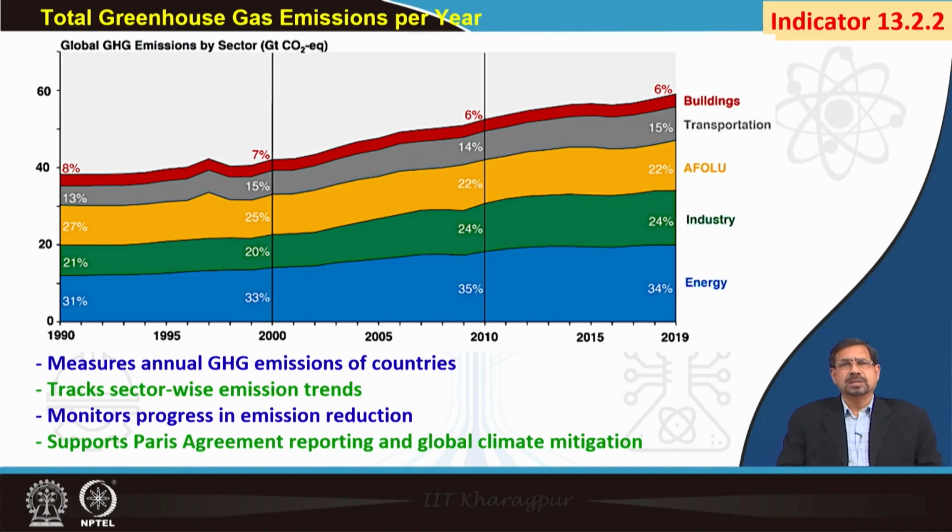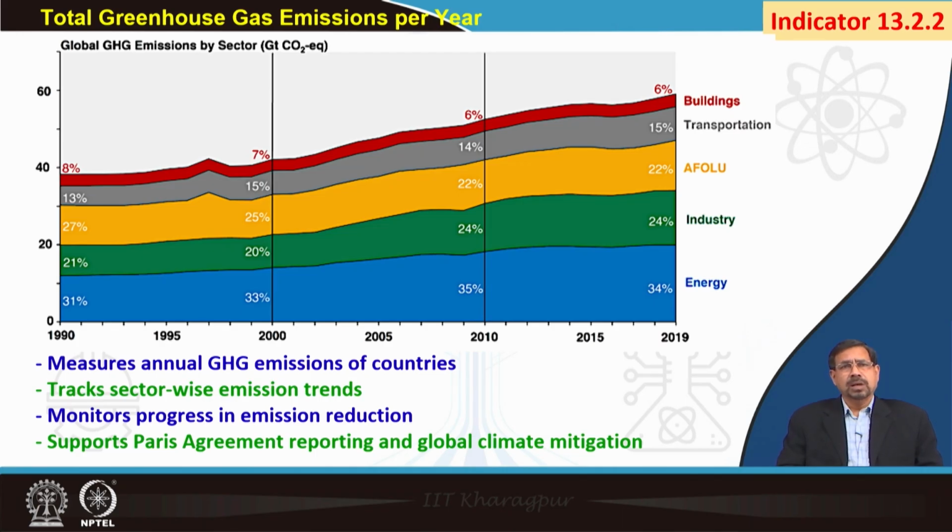It was 35% in 2010, but in 2019 it became 34%. So, it is a minor decline in the contribution of greenhouse gas emission from the energy sector.